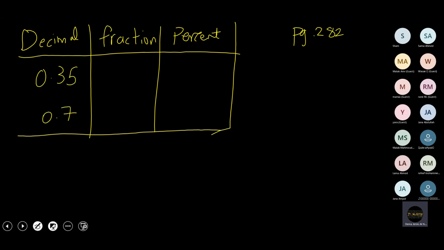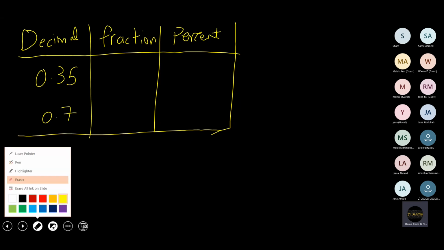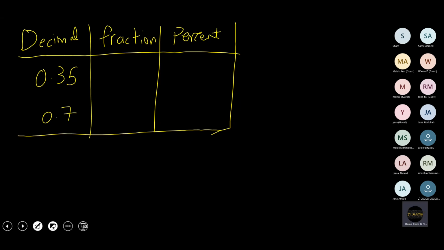The question asks you to write the decimal as a fraction and as a percent. Look at the first one, 0.35. What will you do with it? How to write it as a fraction.